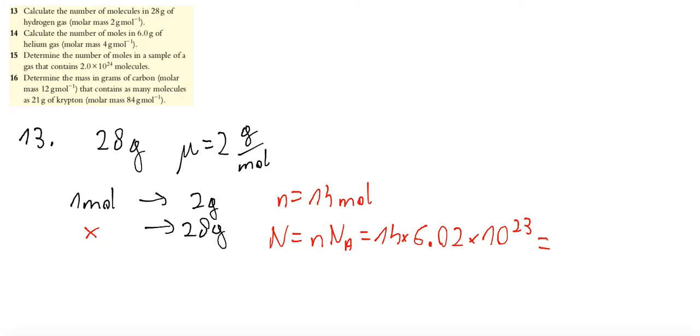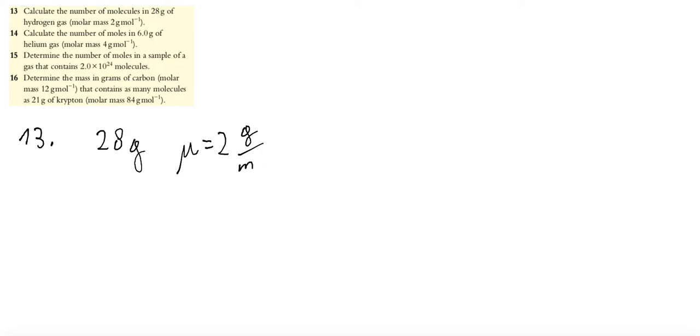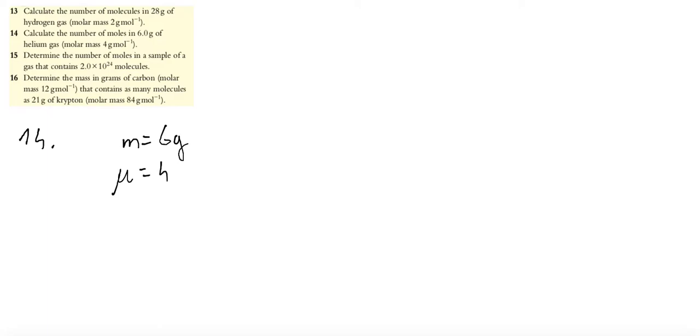Okay, check. And exercise number 14. Calculate the number of moles in 6 grams of helium gas, which has a molar mass of 4 grams per mole. It's easier than the previous exercise. We know the mass, 6 grams, and we know the molar mass, 4 grams per mole.